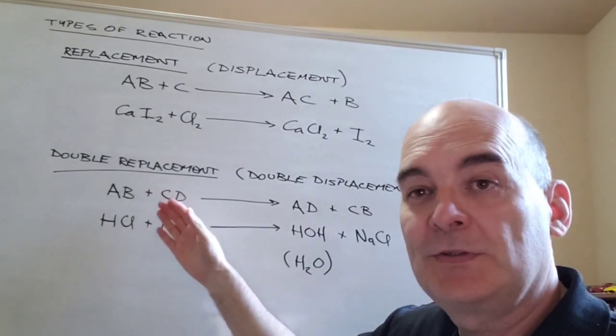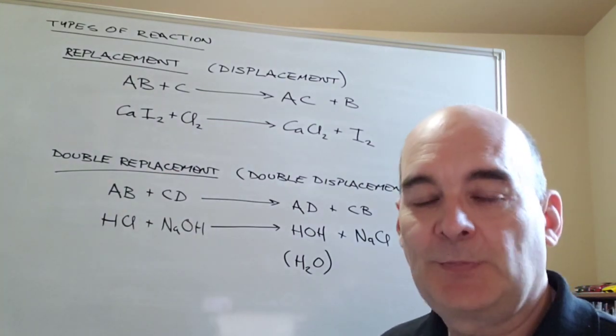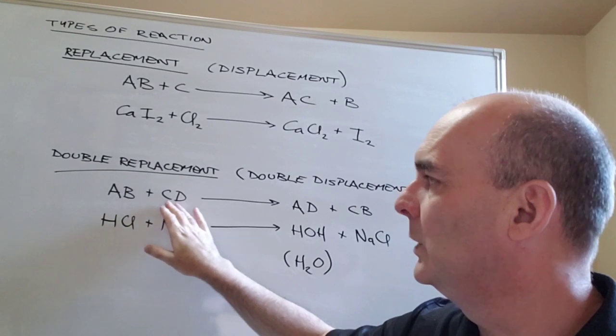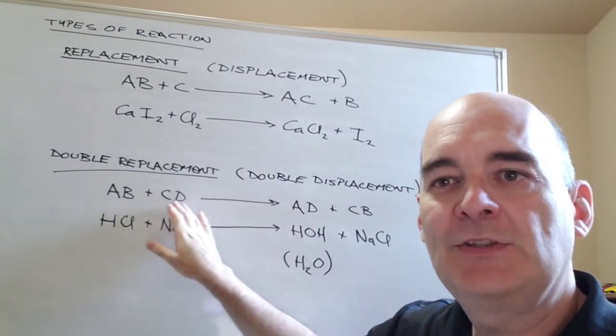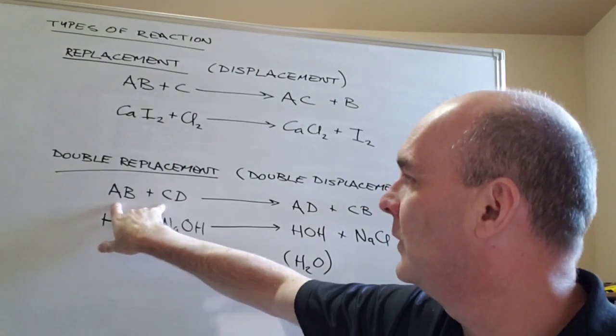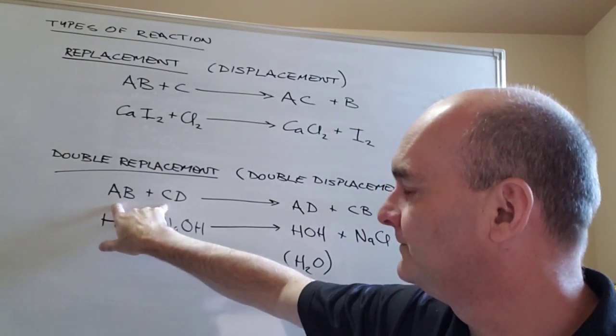A development of that is the double displacement or double replacement, in which we have two compounds, and these compounds are going to switch what it is that they're holding onto.